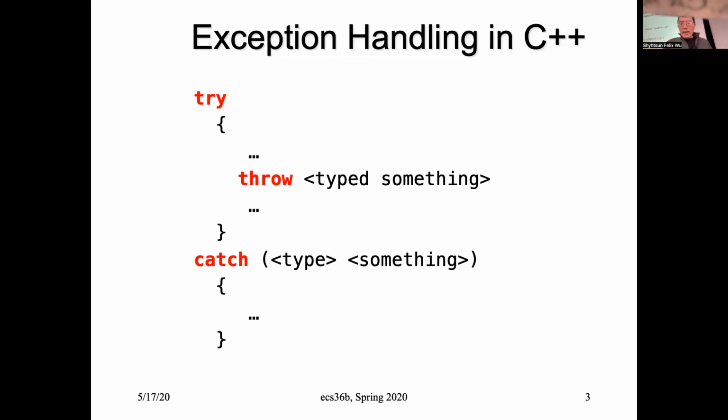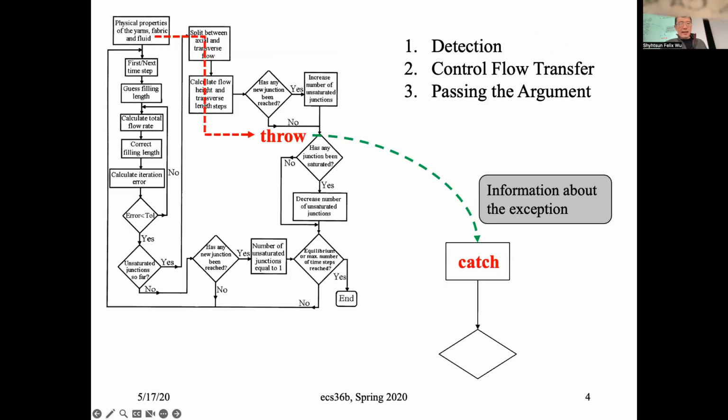If you look at it visually, what exception handling looks like is that you have a bunch of code, and somewhere in the code, it might not be the top-level code we're talking about. It might be one of the functions, one of the libraries, or something else included as part of the code.